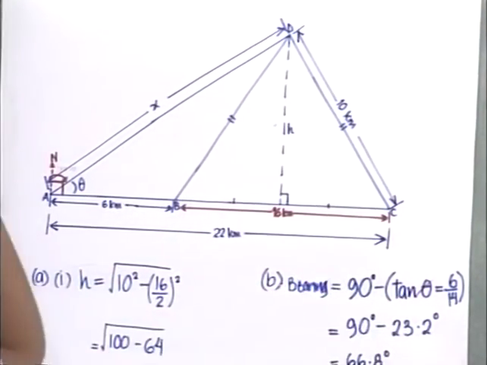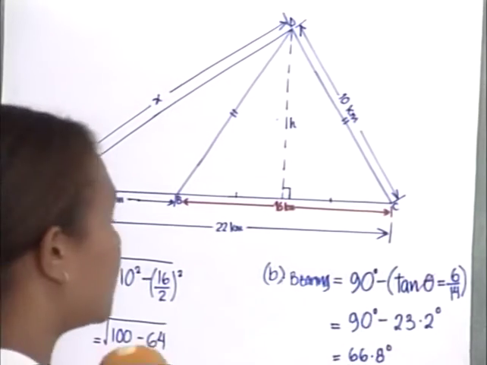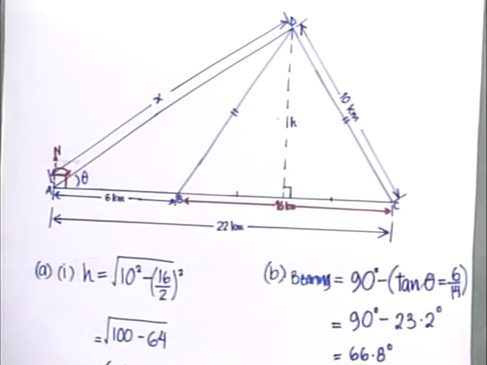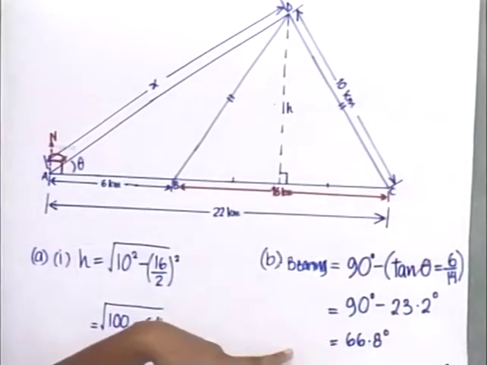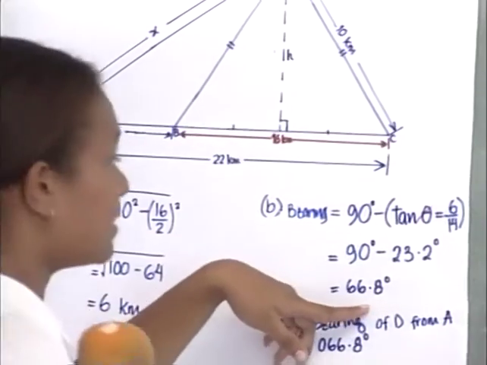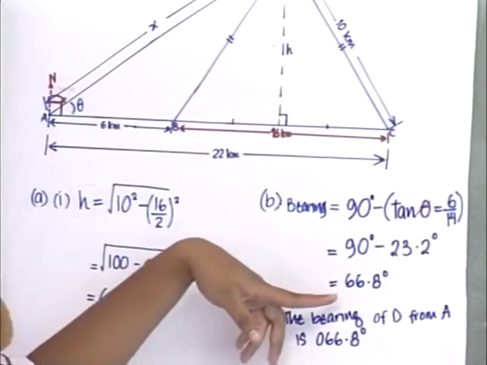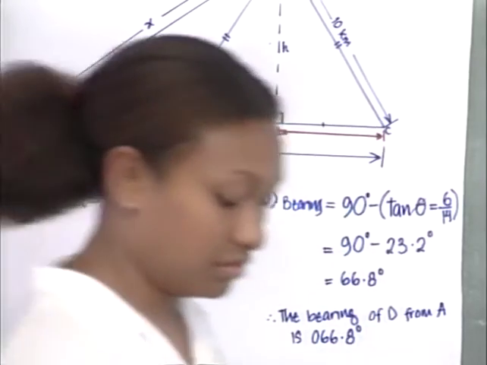Tan theta equals 6 on 14, which is opposite over adjacent. We came up with 90 minus 23.2 degrees, and the answer is 66.8 degrees. The bearing is 66.8 degrees. Good.